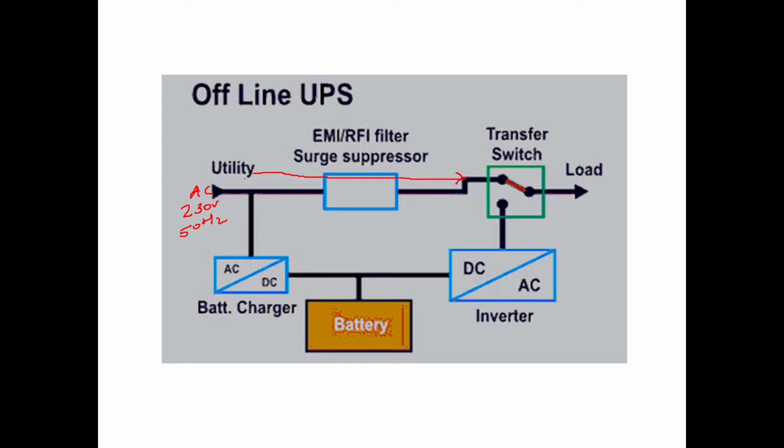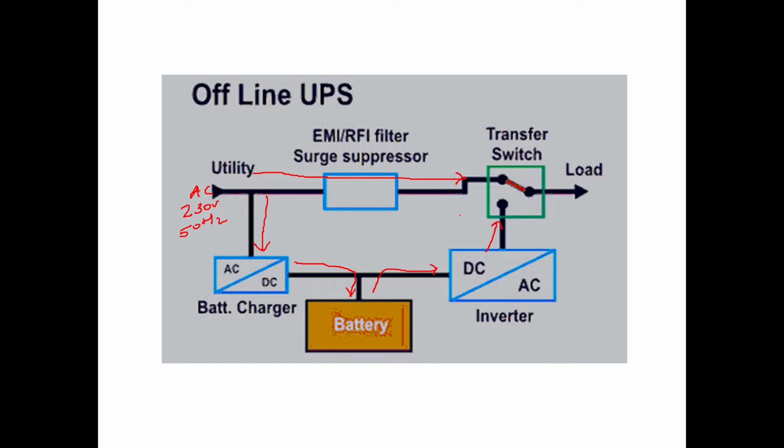Then it is also given to a battery charger where AC to DC conversion takes place. That DC will charge the battery. Then the battery is also connected to a path where DC is converted to AC, and that path is connected to the load.